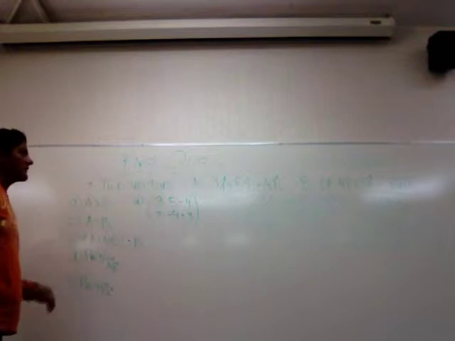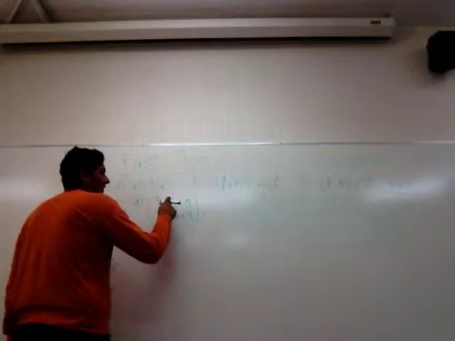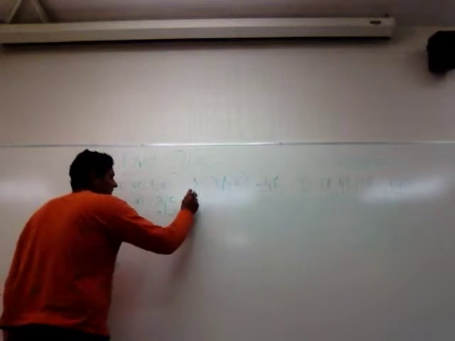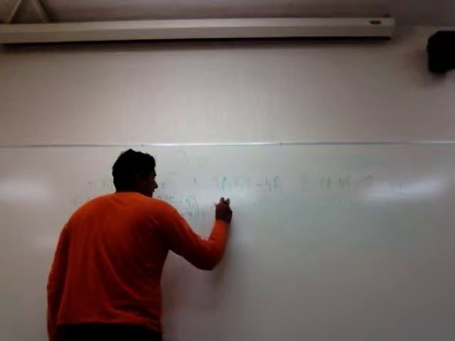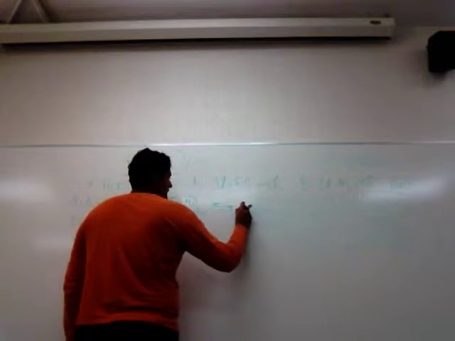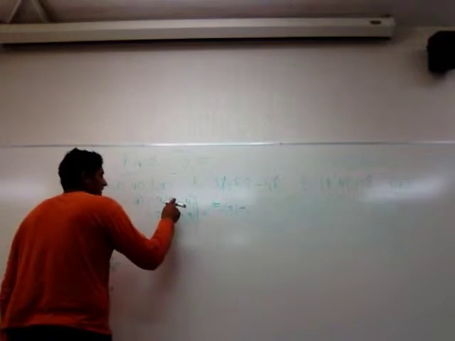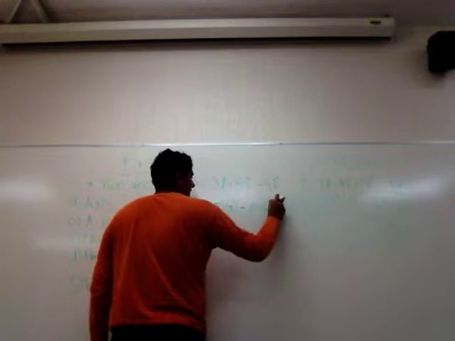The cross product is, first we need this part. We're going to take this part first. First is 5 dot 3 minus the other cross, that is minus 4 dot minus 4.